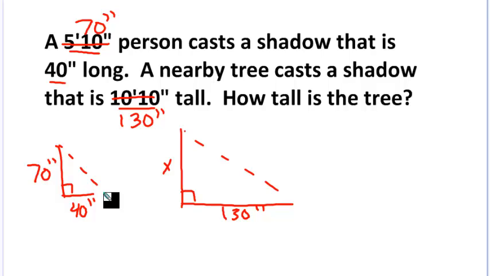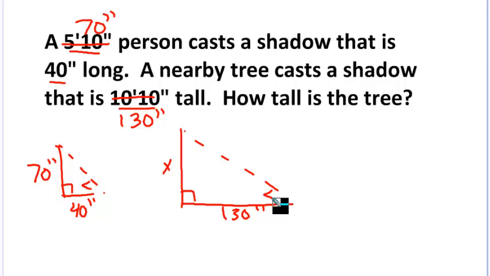And then we can also say, well, the sun has to be affecting the human at some angle that it's also affecting the tree at. So because we have angles that are congruent to their corresponding angles, we have 2 of them in fact, that's enough to justify the claim that these 2 triangles are similar. This is a similarity.